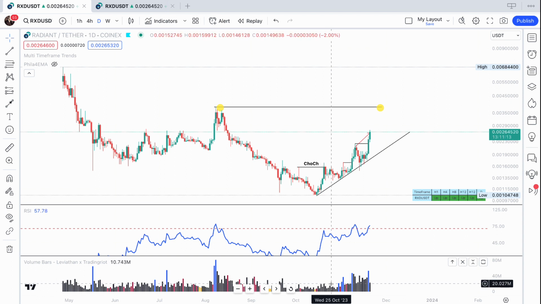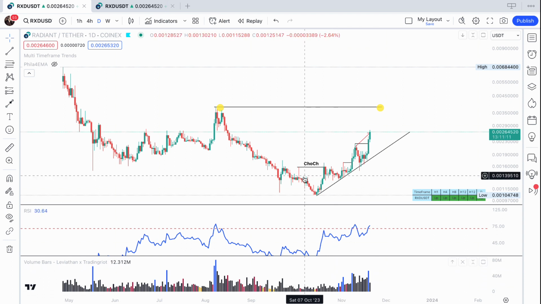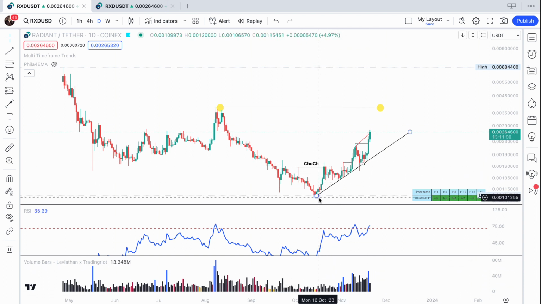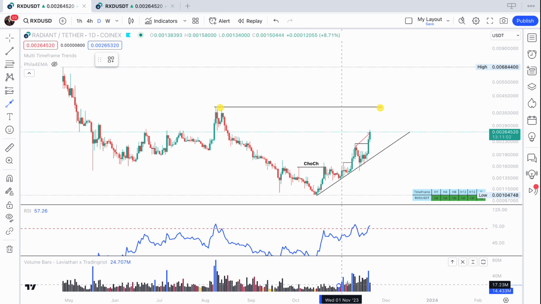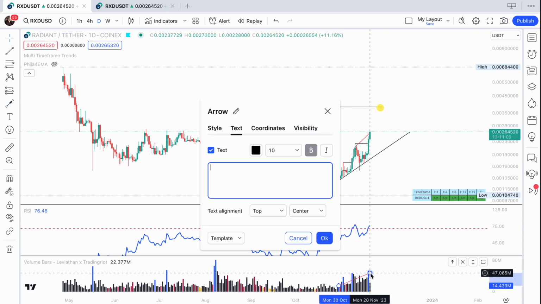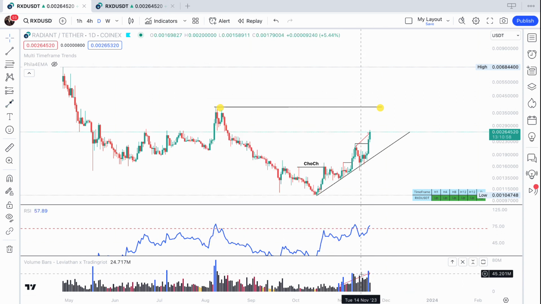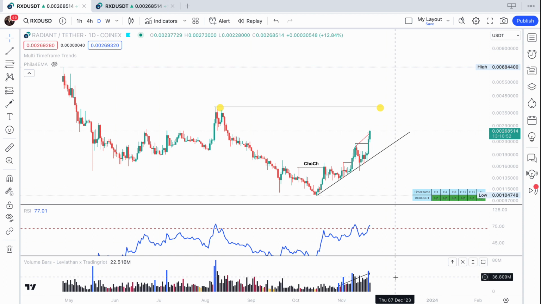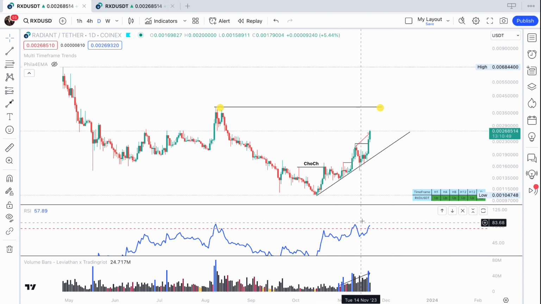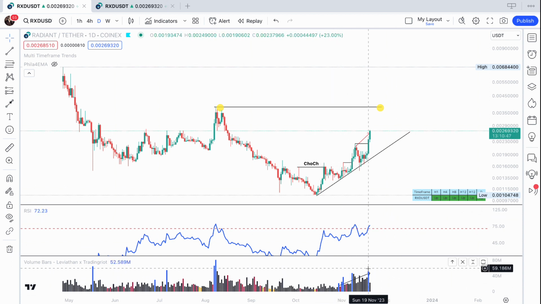Now let's move to the volume indicator. Generally speaking, if price is moving up, I would very much like to see the volume moving up as well. And here there are no divergences between the volume and price. You see that price is advancing and the momentum indicator is advancing and the volume indicator is advancing, which is very good.